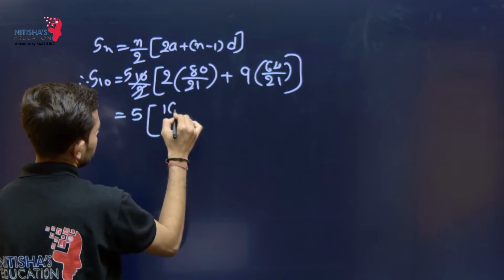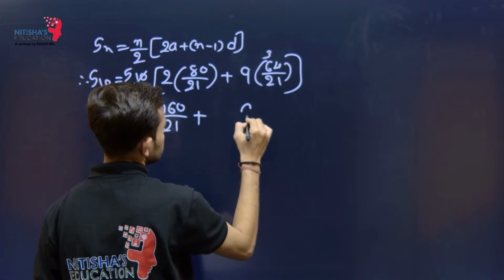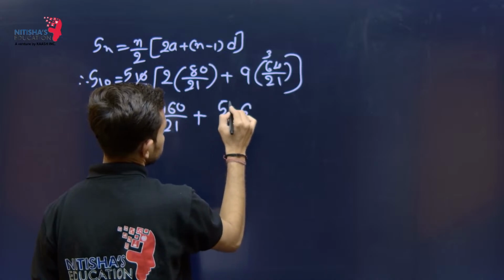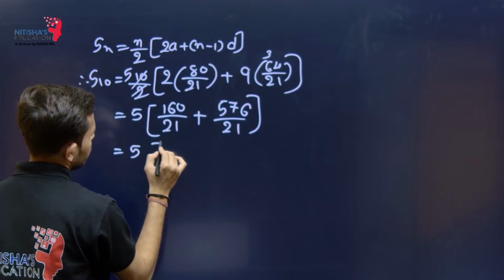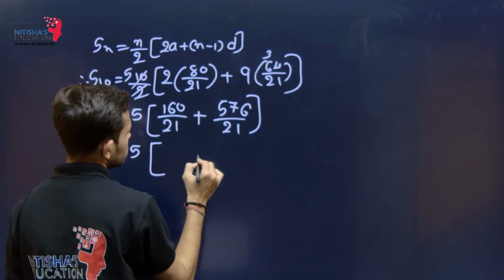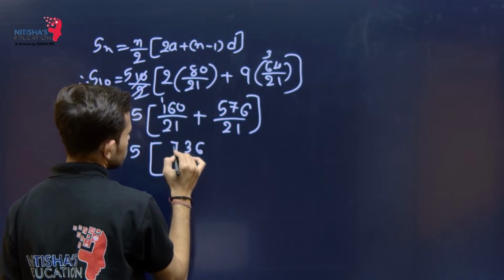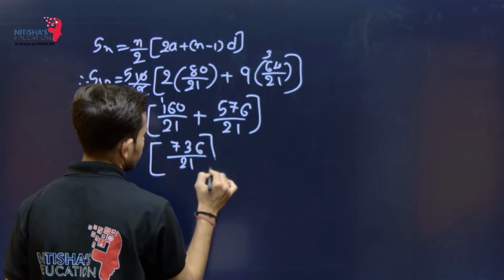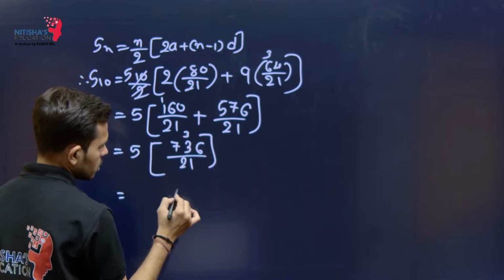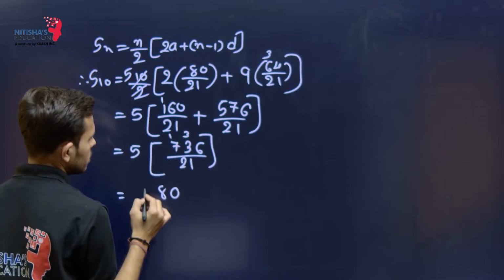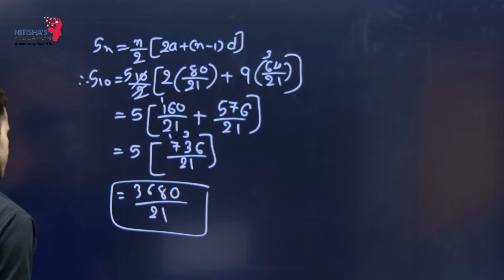It's 2 80s are 160 upon 21, plus 9 64s are 576 upon 21. Now 5 into 736 upon 21. Now multiply these two numbers. 5 6s are 30, 5 3s are 15, plus 3 is 18, 5 7s are 35, plus 1 is 36. 3680 upon 21. This is our answer.